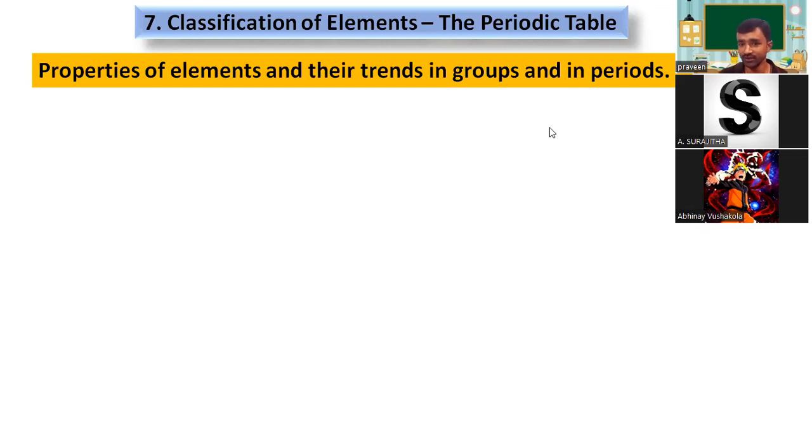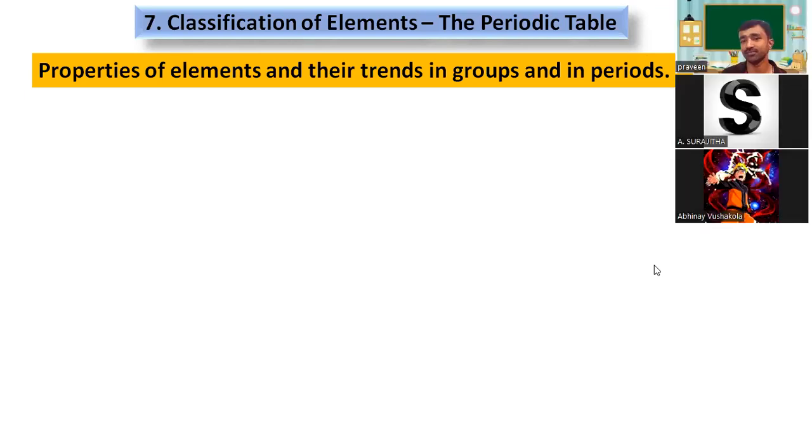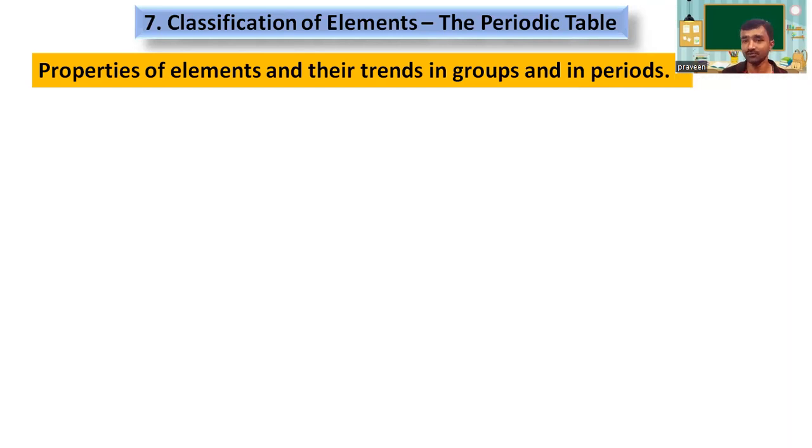The property name is not given, but something we are using, right? Properties repeated by the elements after a certain interval are called their periodic properties. We will observe these periodic properties in the modern periodic table only, right?